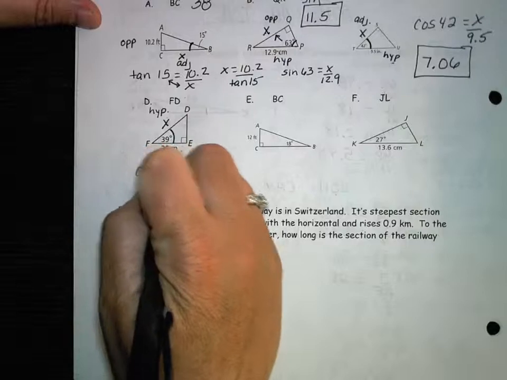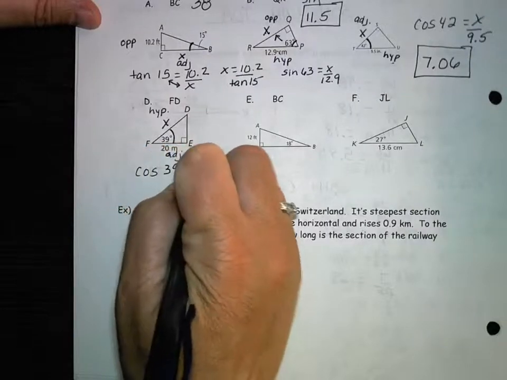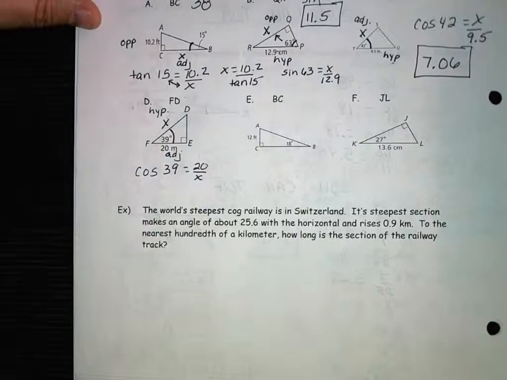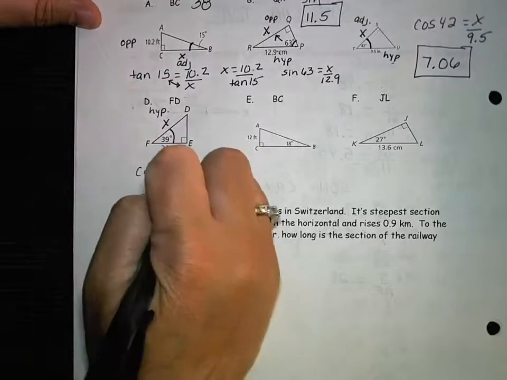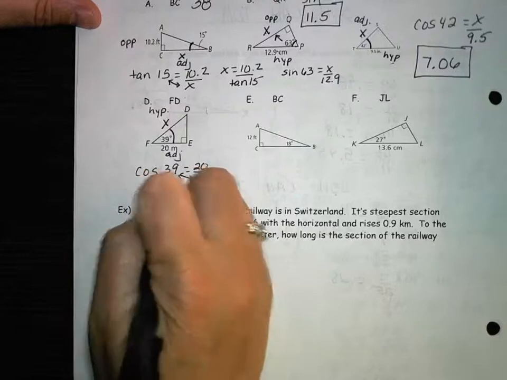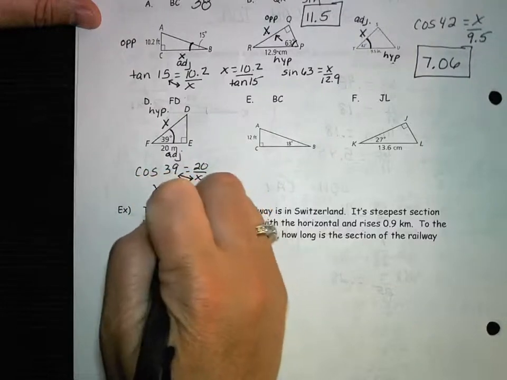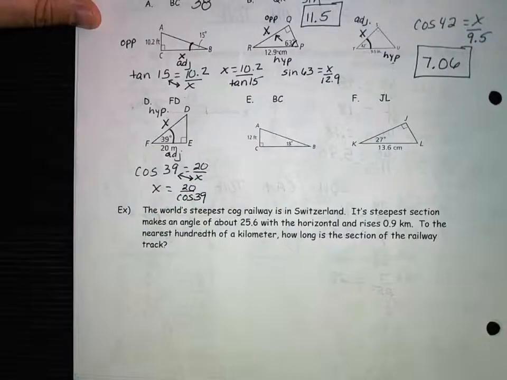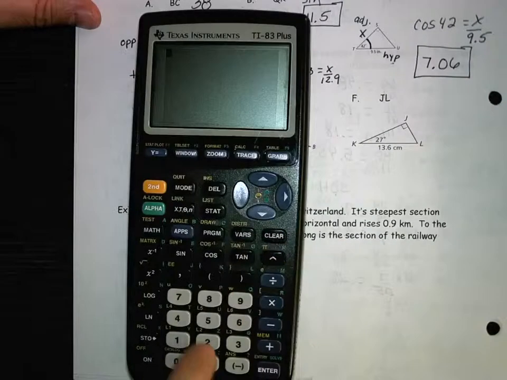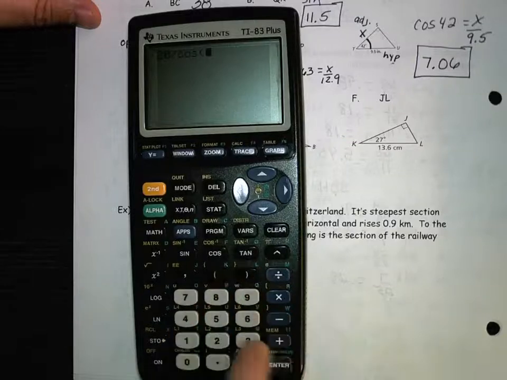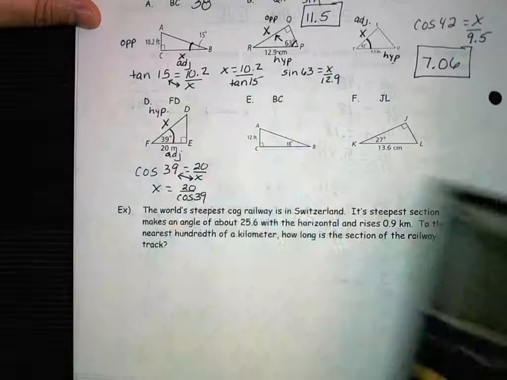So we have cosine of 39 equals 20 over x. Quickest way to solve these is just to switch those two. And you have x equals 20 divided by the cosine of 39. 20 divided by the cosine of 39 becomes 25.7.